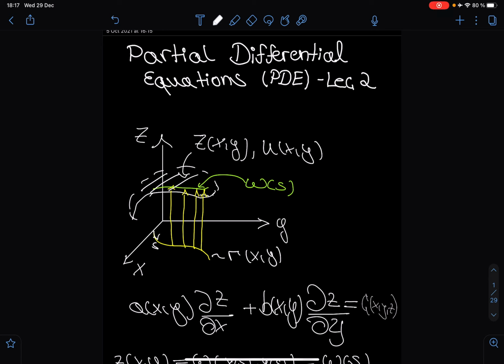Our solution space is given by u(x,y), the searched function, but you just start to solve it on a one-dimensional curve, which gives you a one-dimensional solution in the 3D space. So here you have a curve in the xy plane, but now you have a curve which is a solution in three-dimensional space.